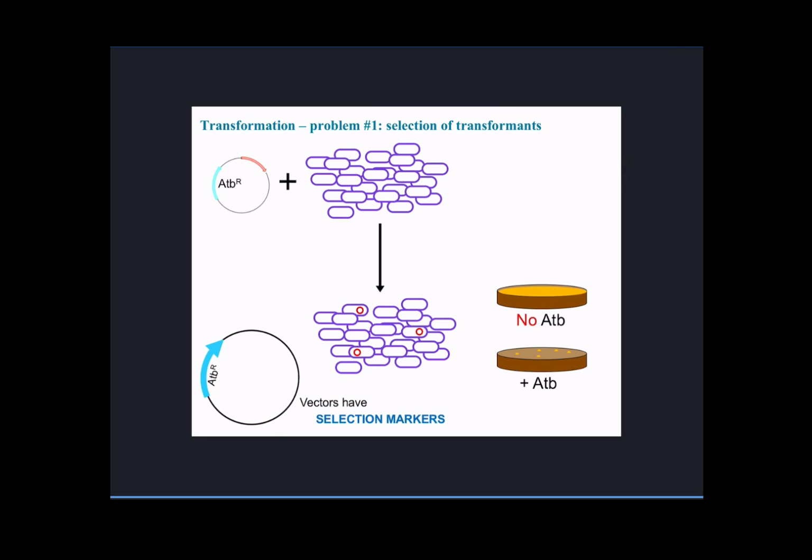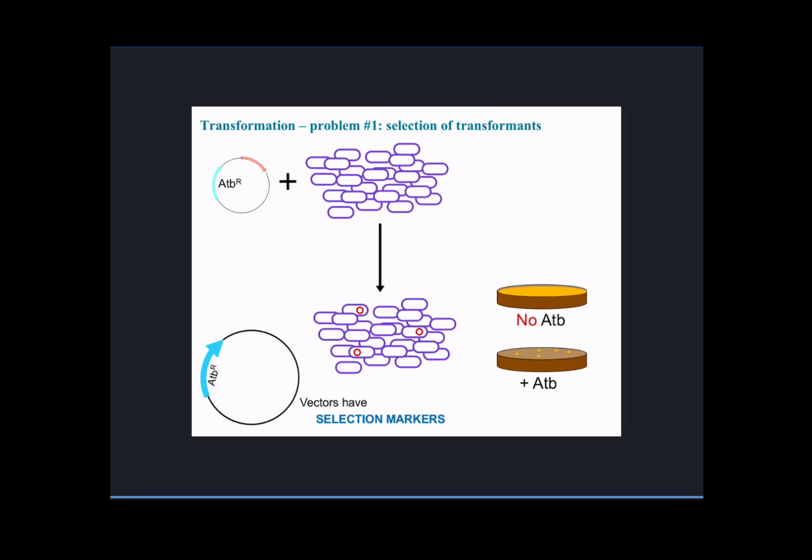But the trick we use is the following. These vectors that I mentioned we hack in labs include in them a sequence for a gene that can degrade that antibiotic. Right? So let's say that there is an antibiotic called ampicillin, amoxicillin, like any of those antibiotics, there's usually an enzyme that can chew it up.